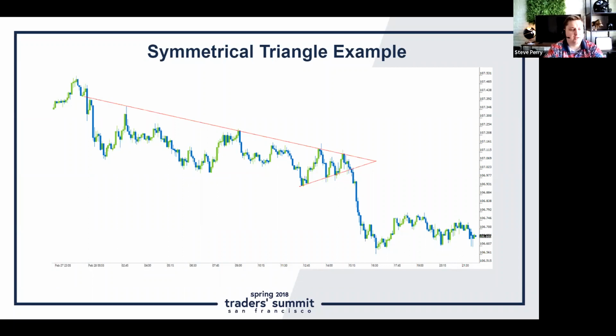So we definitely want to have much bigger take profits and stop losses, and I do that with all of these trades.